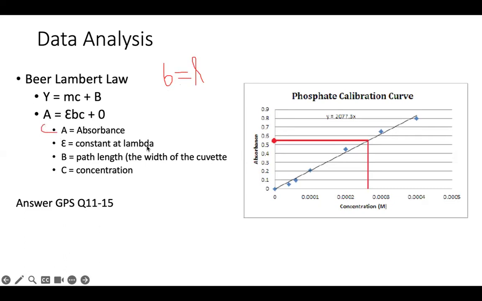E is a constant at our given wavelength, or lambda. B, or L, is the path length, which is the width of the cuvette for our experiment. And for most UV-vis spectrometers, that was 1 centimeter. And C is the concentration.